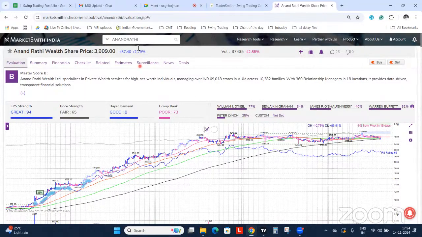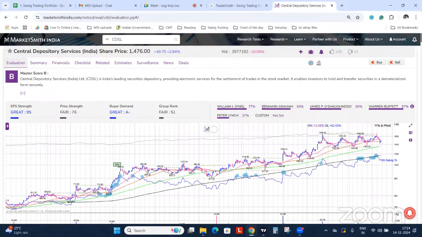Next is CDSL. CDSL is in a sideways consolidation area. Since roughly the last week of August, it has been trending broadly between 1350 and 1650, and now it is approaching 1350. The 100 DMA is also placed in that range, approximately 1400, not 1300, sorry, 1400.